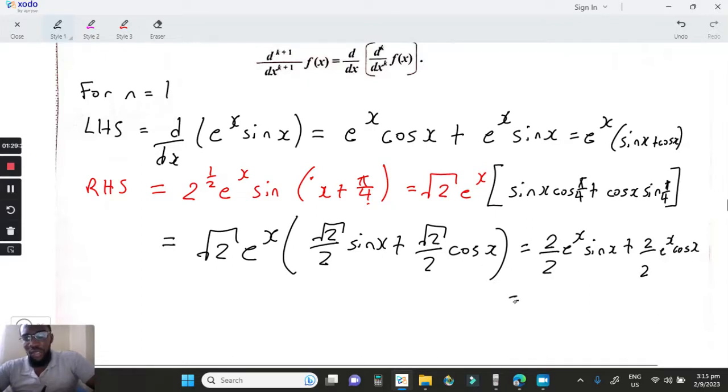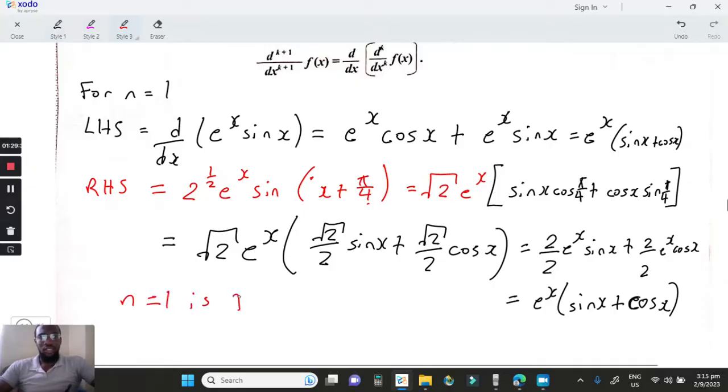The 2 over 2 is 1, so it still works out to be e to the x, and factoring out, we're left with sine x plus cos x. So we're good. So it worked out to be the same, guys. So for n equal 1, it is true.